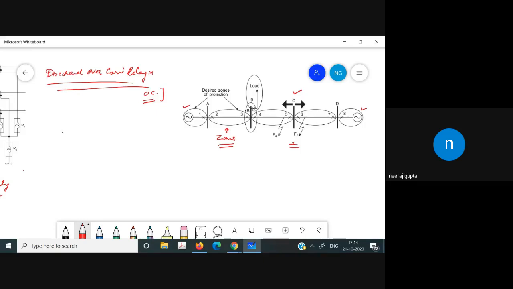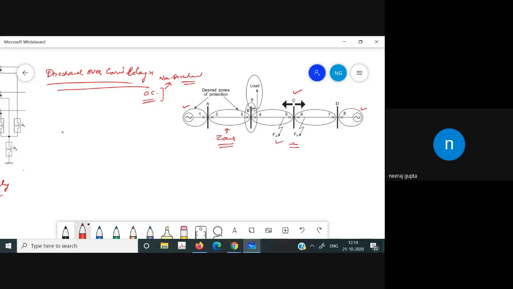Let us suppose that we have the non-directional overcurrent relay. It will not sense the direction, it will take into consideration the magnitude only.